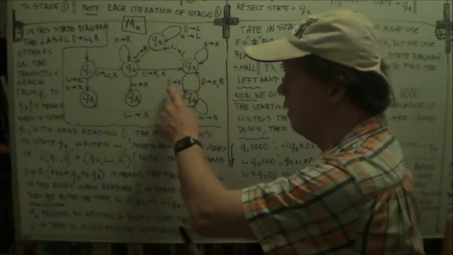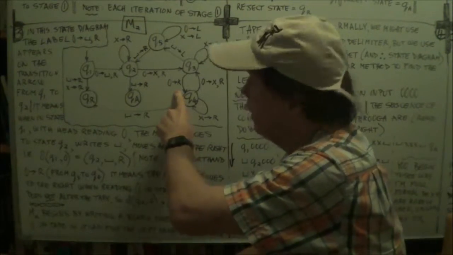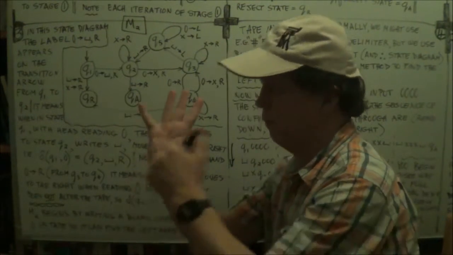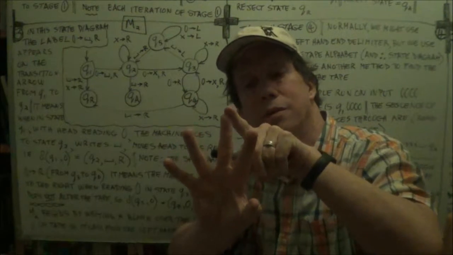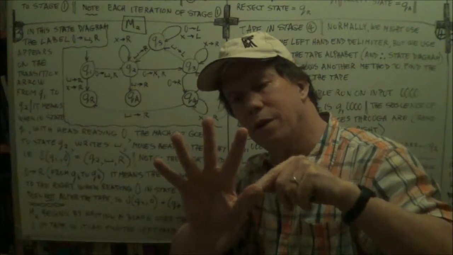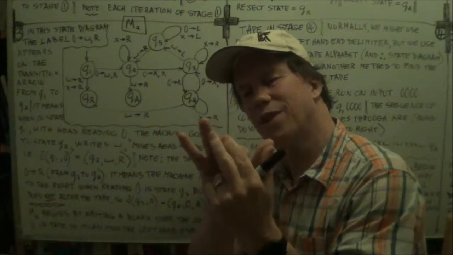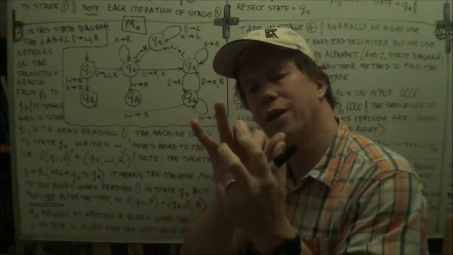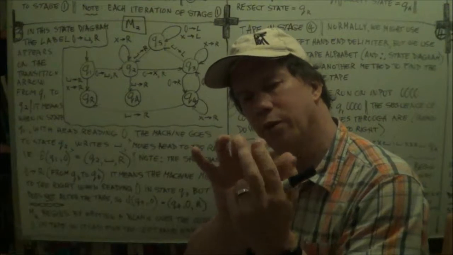This 0 arrow R is shorthand for 0 arrow 0, comma R. So the shorthand is leaving out the third and fourth marks.